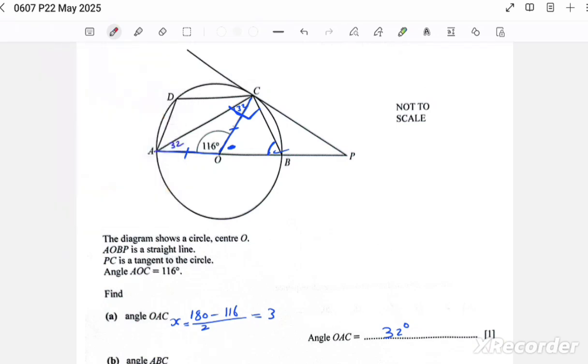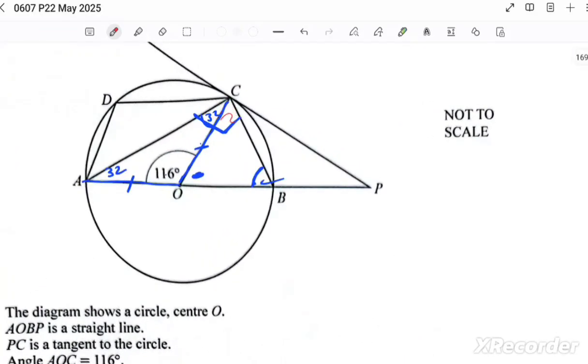If we say that this one is 90, all of this one is 90, so you should say 90 minus 32, which is this one, 58. Okay, so if this one is 58, you know that this one will be 58 as well. Why? Because this one is isosceles, so two angles here will be the same. So this one is 58.